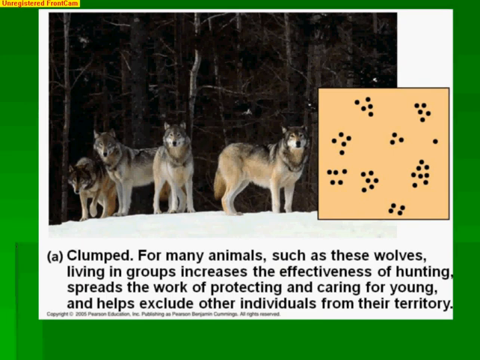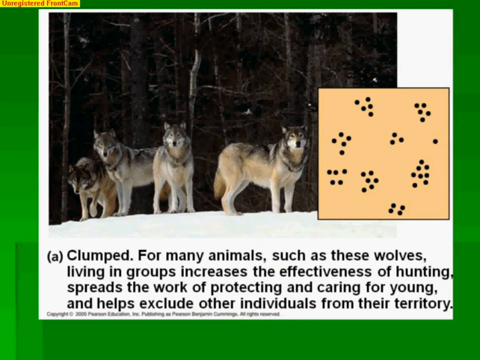Clumped is something that humans do. So humans follow a clumped dispersal pattern or distribution pattern. Any organism that you find in herds or packs, for example, these wolves hunting in packs, are going to represent a clumped distribution.